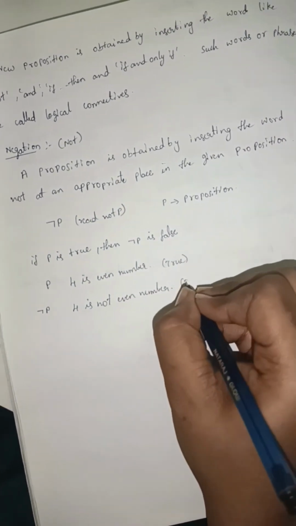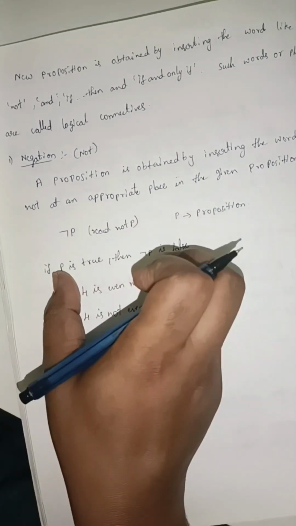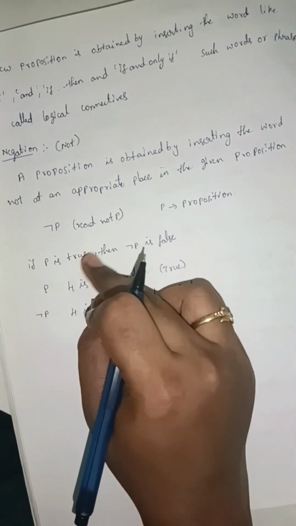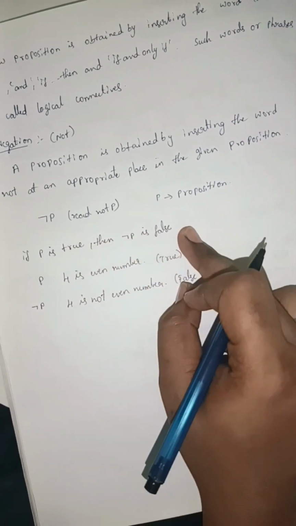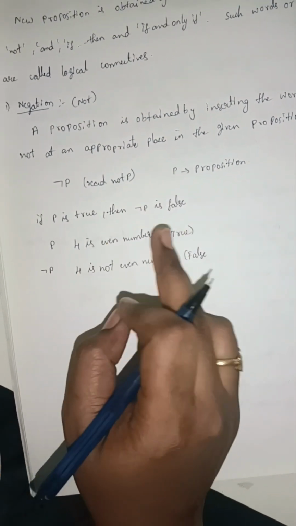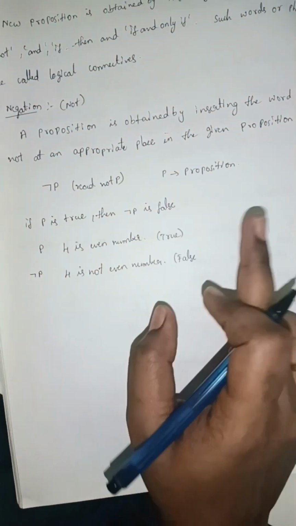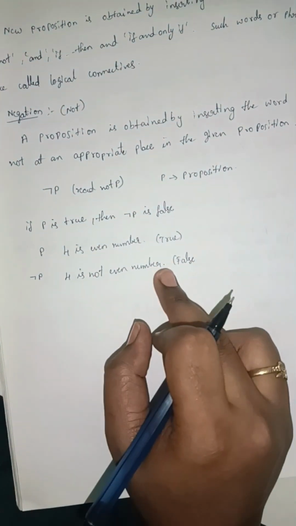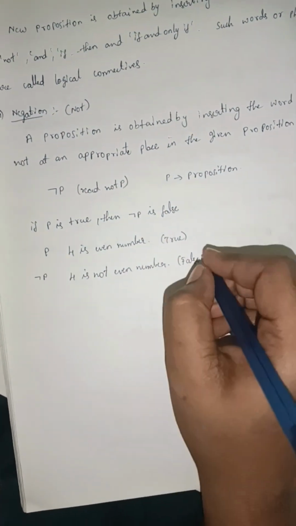This is a false statement. So if P is true, then not P is false. Absolutely: 4 is an even number, the proposition, is true; 4 is not an even number, not P, is false.